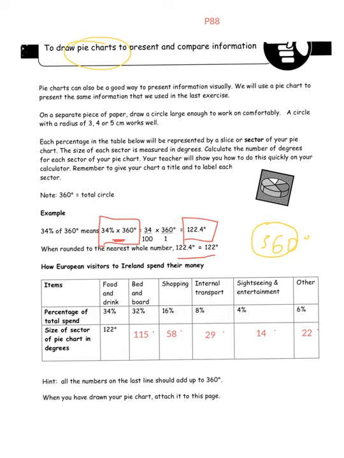You can also do it on the spreadsheet if you have that possibility as well. Okay, if you have a printer and you don't have a protractor at home, you can print it from the internet, or you can put these numbers into a pie chart online, and then you have the pie chart, take a screenshot and submit it in here as well to show that you did it, right?